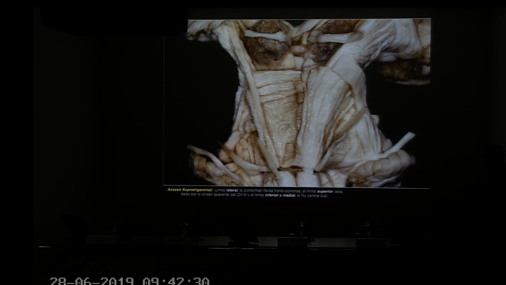This tract. I made a cut here. Why? To understand the disposition of the fibers, because these fibers run from one side to the opposite side. Yesterday, Professor Subianov asked me, where is the lateral lemniscus in the lateral face of the brainstem?